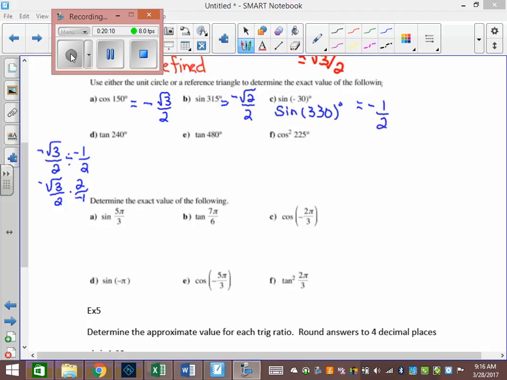Could I write negative 2 over 1? Yeah, same thing. The negatives cancel. Why is that? Tan is in the third quadrant. What's tan in the third quadrant? Positive. So they have to cancel. If they don't cancel, you messed up. The 2's cancel, the negatives cancel, and you're left with root 3.